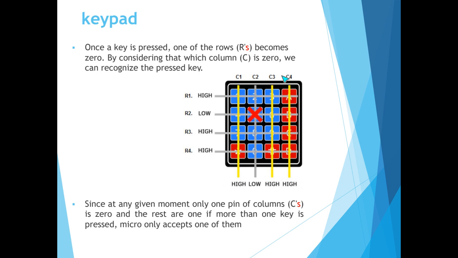When we didn't press any key, we have high voltage in the rows and the columns are zeroed respectively, but when we press one of the keys, the row related to that key becomes 0. And this is because at any given time one of the columns has 0 value, and then we can understand which key is pressed.